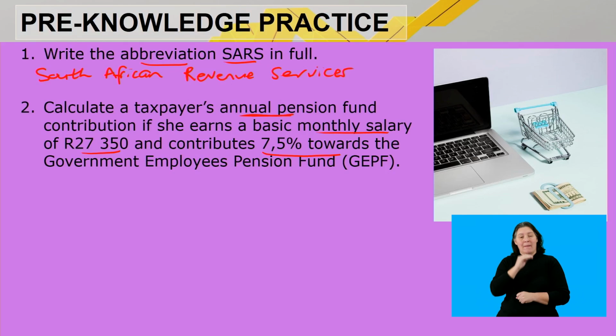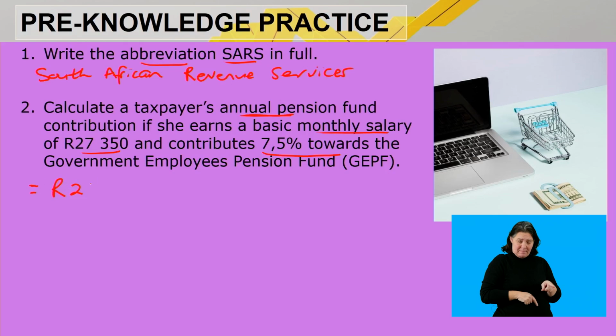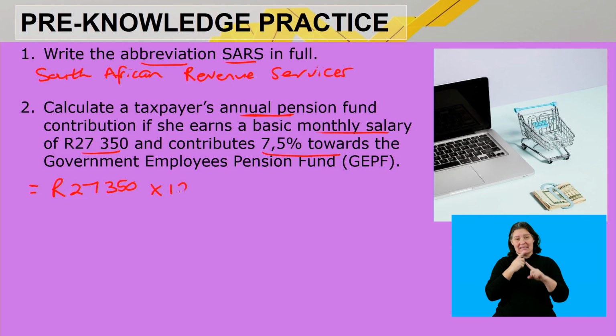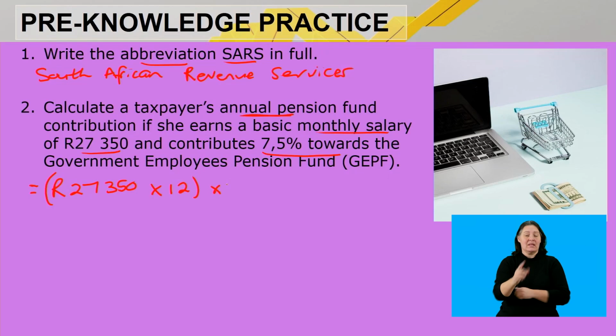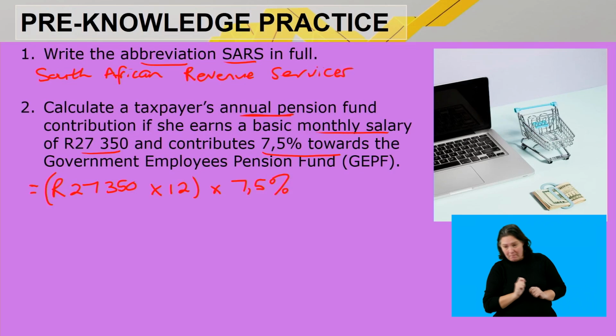So the word annual refers to year, right? So first of all, I'm going to take the monthly basic income, the 27,350, and I will multiply that by 12 to move from monthly salary to your annual salary. And remember we said that 7.5% is contributed towards the pension fund.